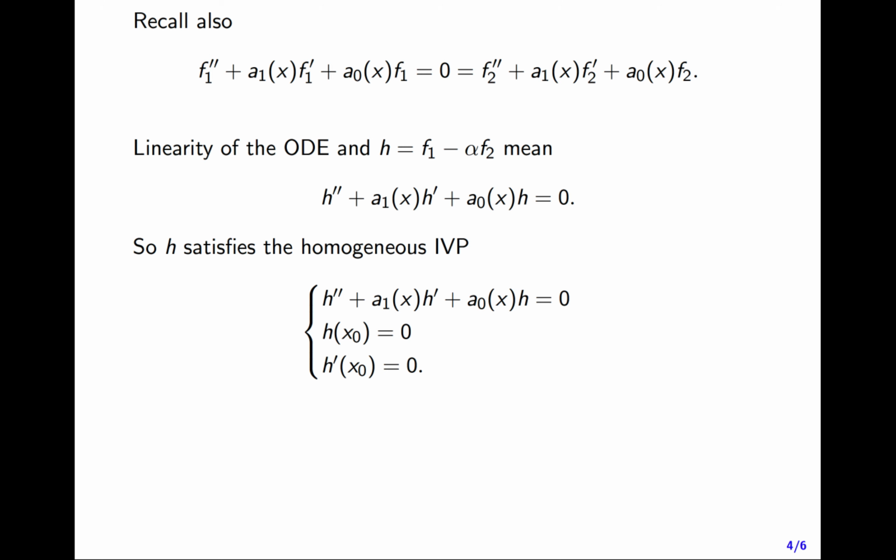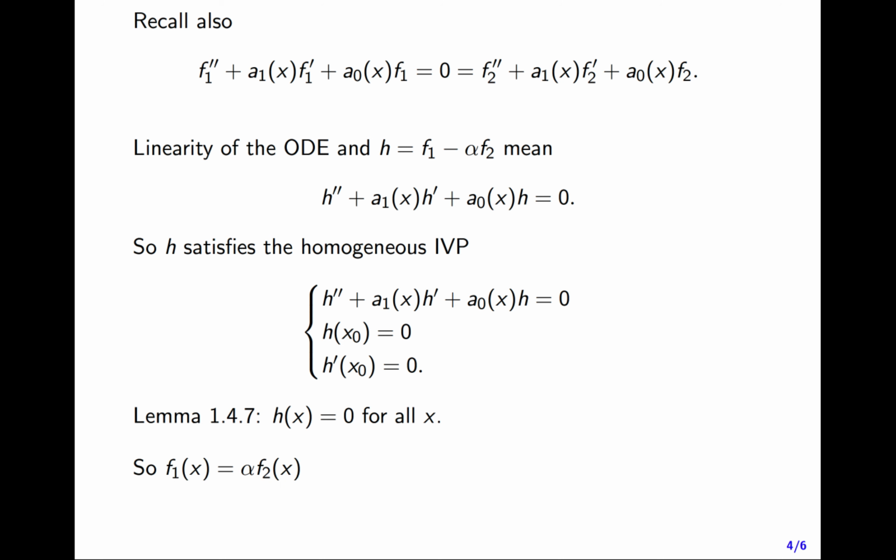But in fact, h solves a homogeneous initial value problem: h double prime plus a1 of x h prime plus a0 of x h equals 0, and then h of x0 equals 0, and h prime of x0 equals 0. Everything on the right side is 0. And you've read on your own from Lemma 1.4.7, one of the important facts we accepted without proof in this section, that this forces h of x to be equal to 0 for all x.